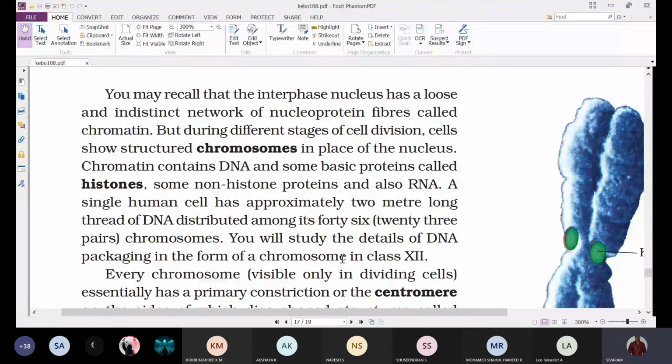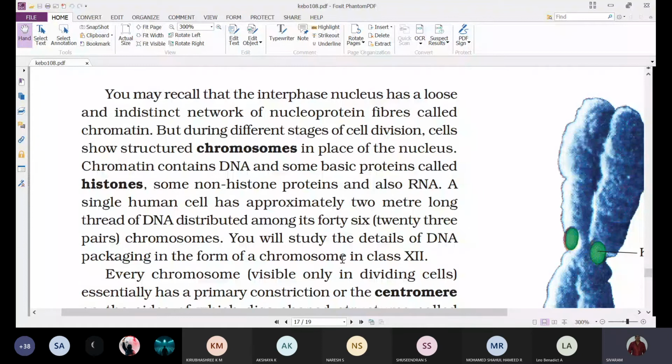So for this condensation of chromatin material into chromosomes, it needs some extra proteins. And those proteins we call non-histone proteins. That's what chromatin contains: DNA, some basic proteins called histones, some non-histone proteins, and also RNA.